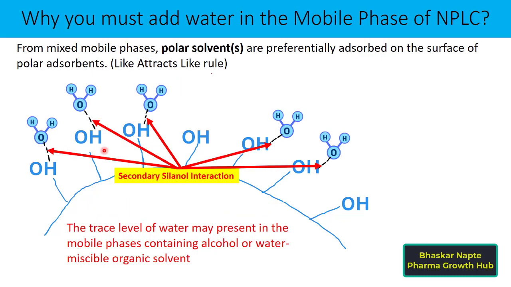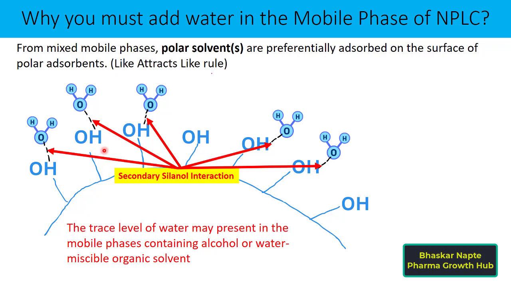Take mixed mobile phases, meaning mobile phases containing, let us say, a polar organic solvent and a non-polar organic solvent. You can imagine a mixture of maybe methanol and n-hexane. Which one is polar, methanol or n-hexane? Methanol is more polar.